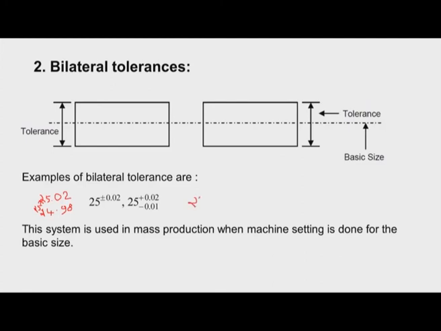So, 25 mm is the basic size, and then on this side it can go up to 0.02 mm, and on the negative side it can go up to 0.01 mm. So, this system is used in mass production when machine setting is done for the basic size.